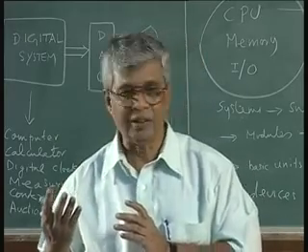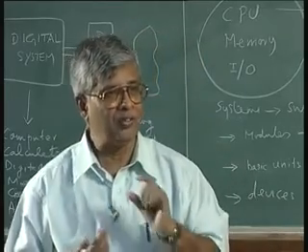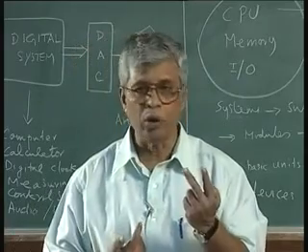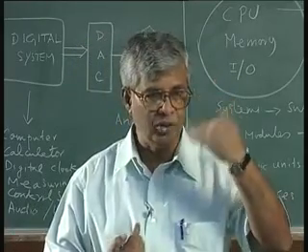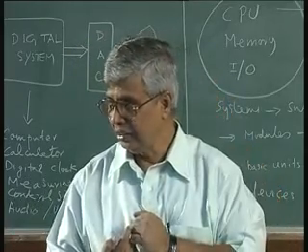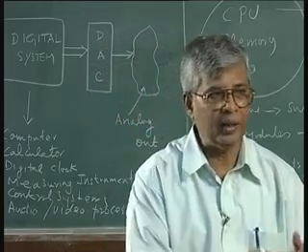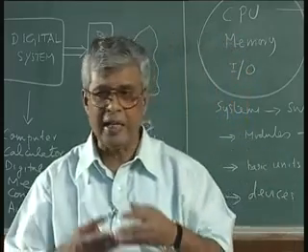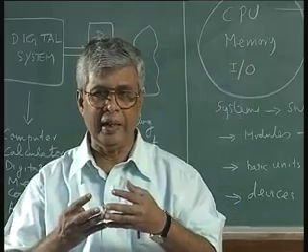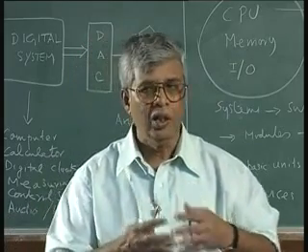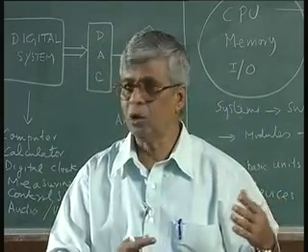I can't have 20 levels with one digit. With 2 digits I can have 20, but it is an inefficient use. With 2 digits I can even have 100 levels, 0 to 99, right? So as I increase the number of digits allowed to be used, I can represent the quantities more and more accurately, more and more precisely.